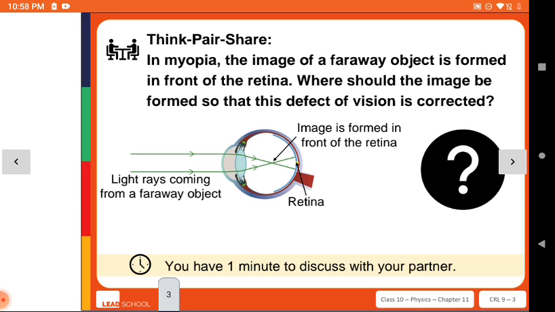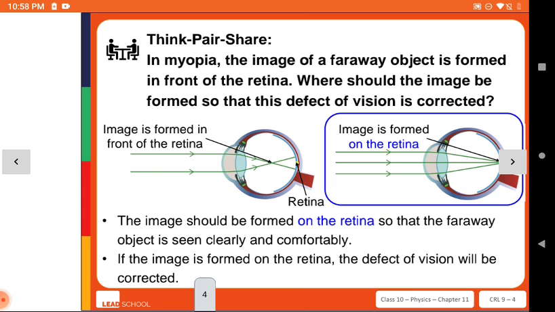Where should the image be formed so that the defective vision is corrected? In a normal eye the image is formed on the retina, but in the case of a defective eye, the parallel rays intersect earlier, in front of the retina. So that's why the person cannot comfortably see the object.